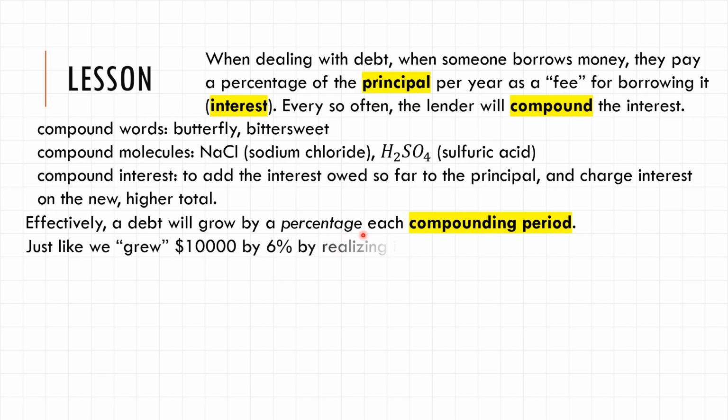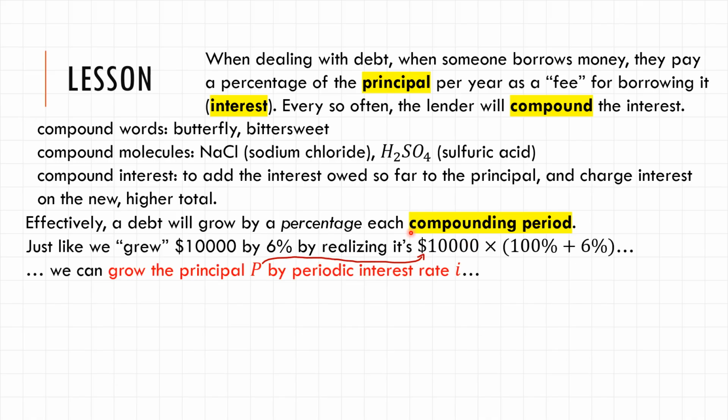So if we wanted to grow $10,000 by 6%, we would always just multiply, okay, what is 100% of 10,000 and 6% of 10,000? And we could add that together to say, what is 106% of 10,000? We can grow the principal by the interest rate, by 6%, just by doing P times 1 plus i.